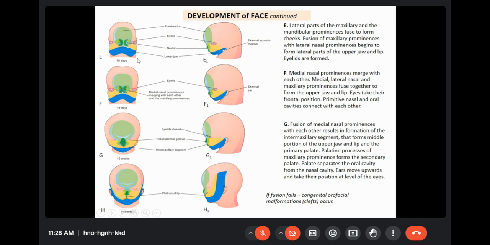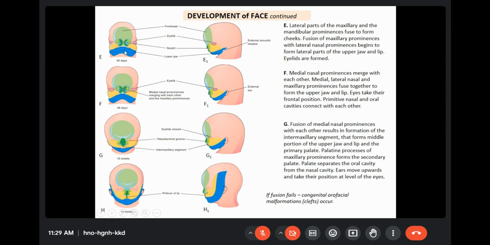Next stage. Lateral parts of the maxillary (yellow) and mandibular (blue) processes start to fuse together to form cheeks. So here will be the right and left cheek of the embryo. It forms as a result of the fusion of the maxillary and mandibular process in this area.